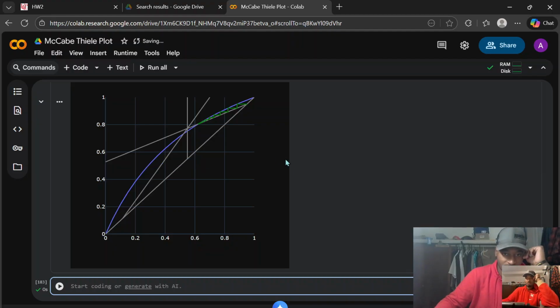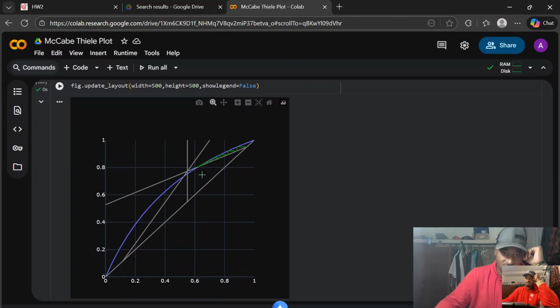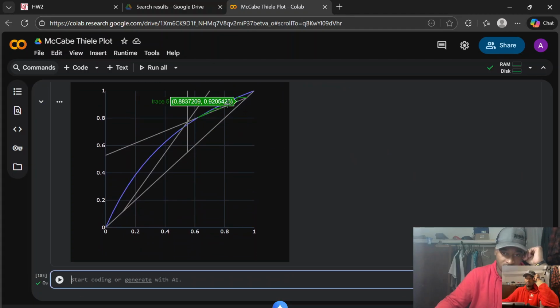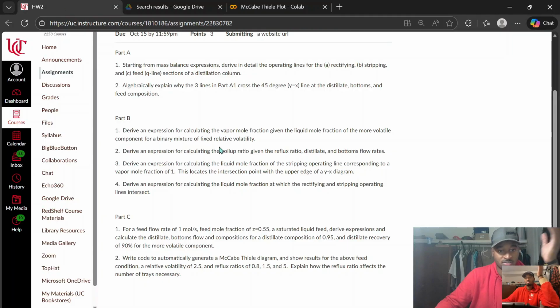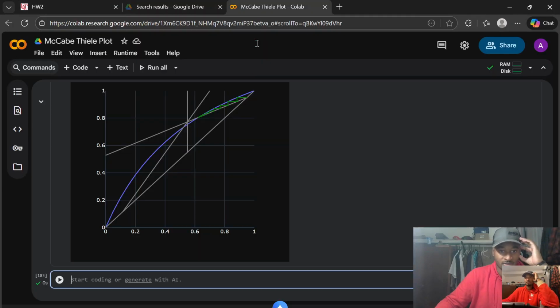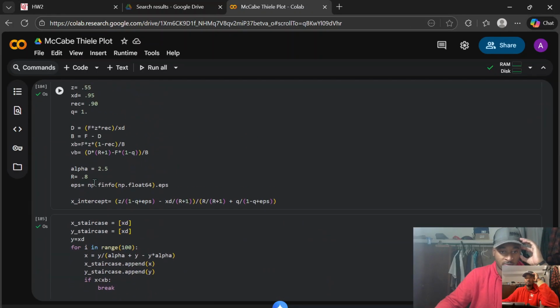Oh, okay. Now we can see here that that gets us very close to the equilibrium line, to where we wouldn't be able to achieve that distillate composition. Next, we can try 1.5.